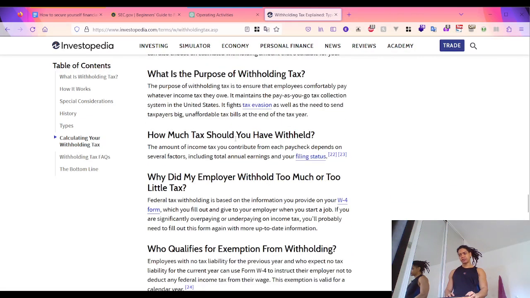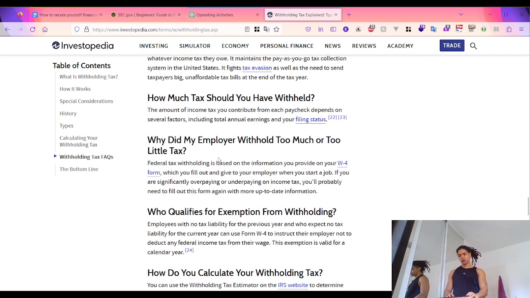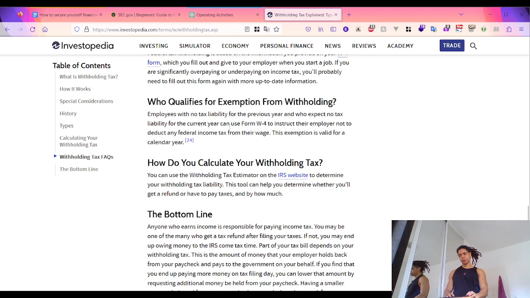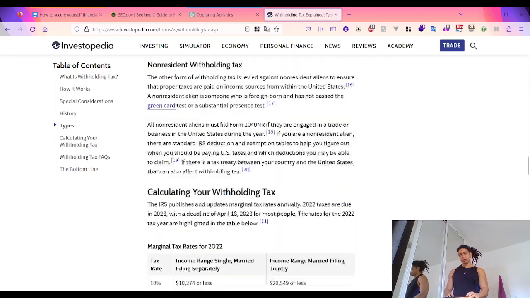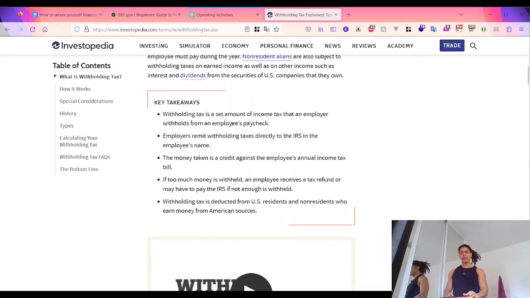How much tax should you have withheld? Who qualifies for exceptions from withholdings? That's according to Investopedia.